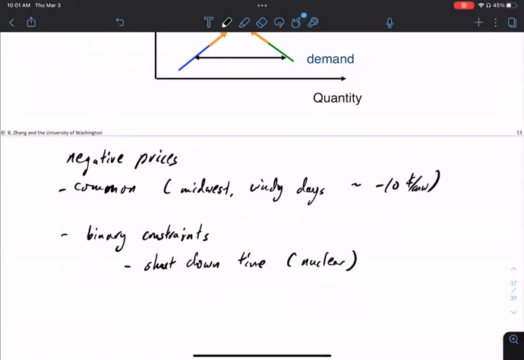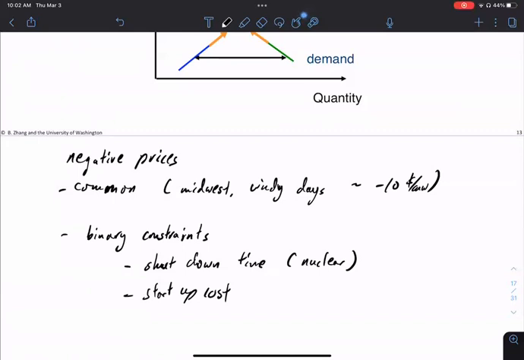So you would rather pay people to take your power than shut down your plant. Or it's just not possible to shut down the plant. There are also things like startup cost. Startup cost means if you shut it down, next time you start up there's a lot of cost. So you would rather stay on for an hour and pay people than shut down and start up again.